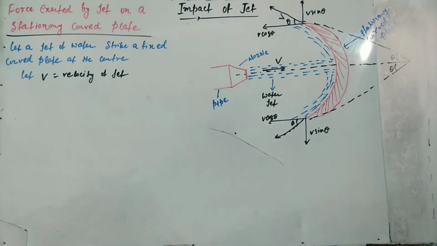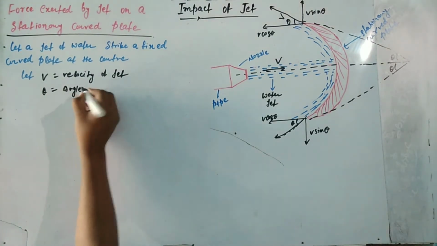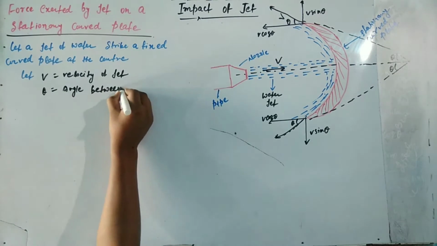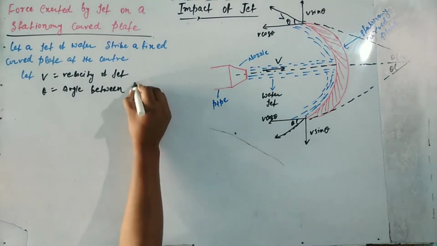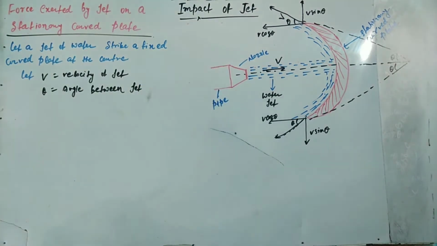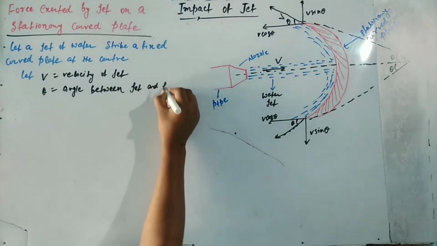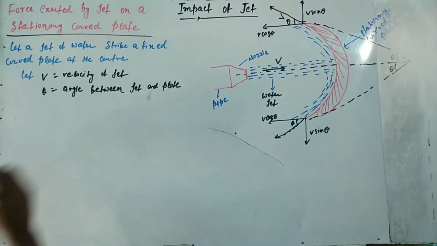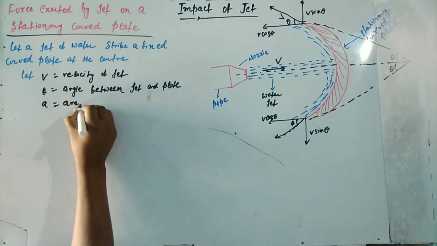So we take theta equal to the angle between the jet and the plate, and A equal to the area of cross section.